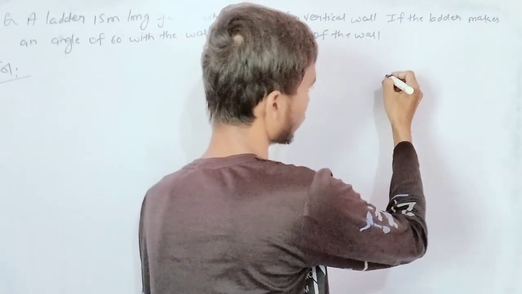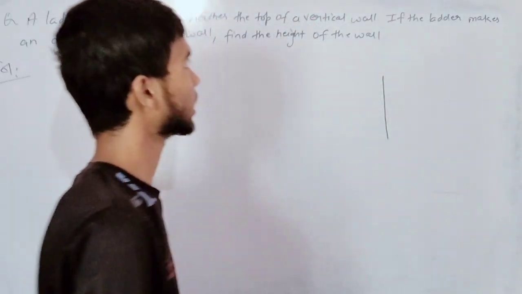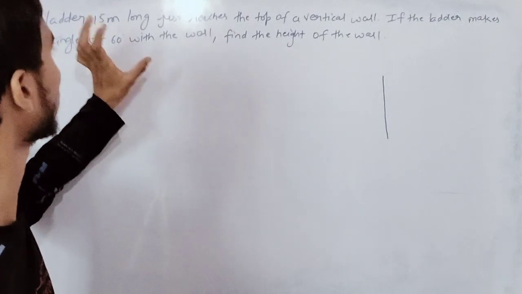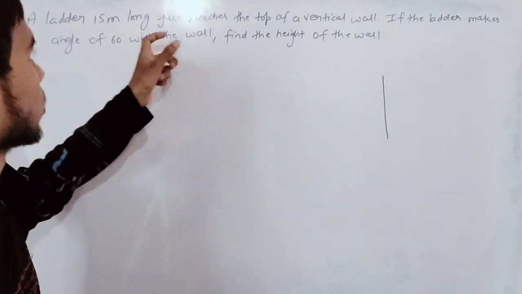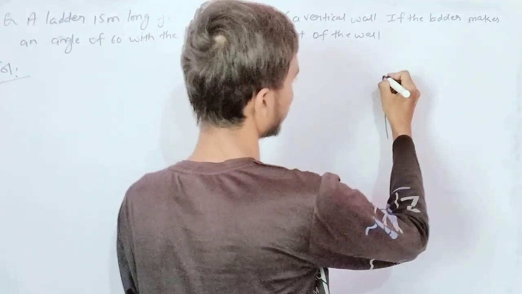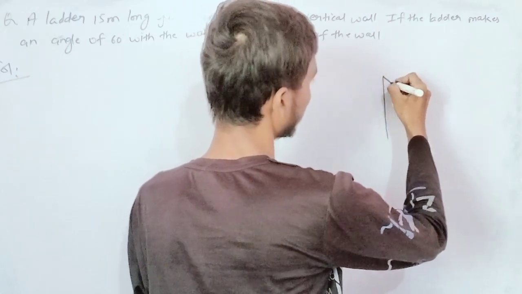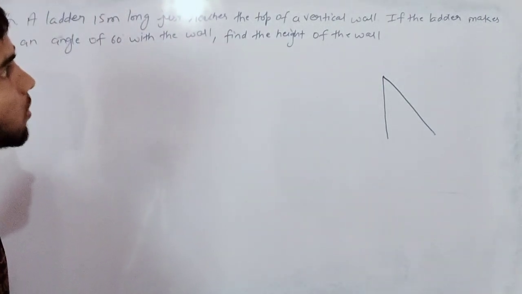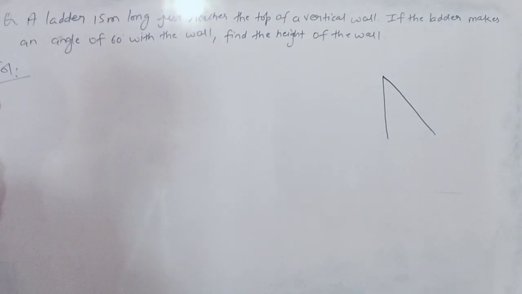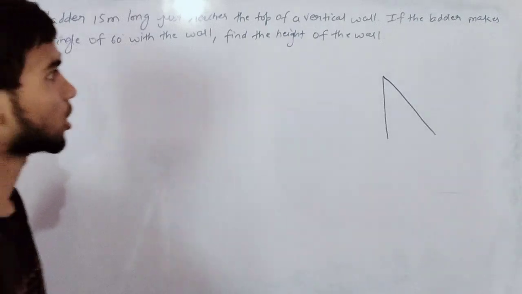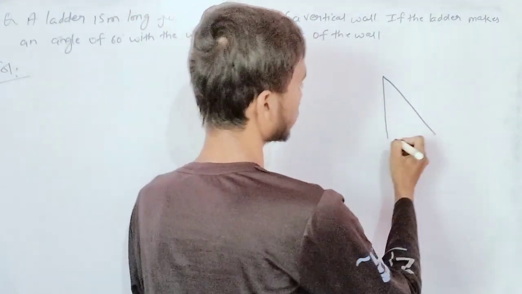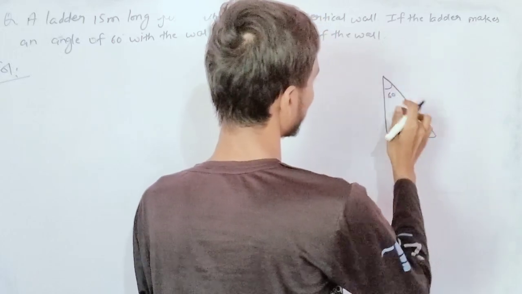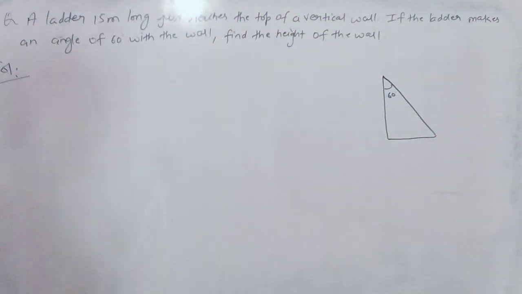If this is the vertical wall, then the ladder is 50 meter long and just reaches the top of the vertical wall, so the ladder will look like this. If the ladder makes an angle of 60 degrees with the wall, find the height of the wall.